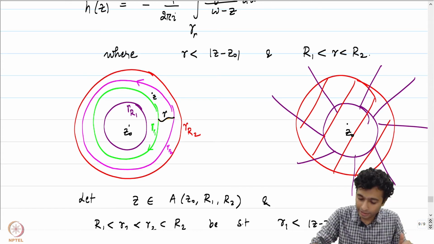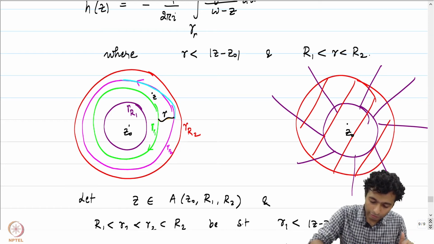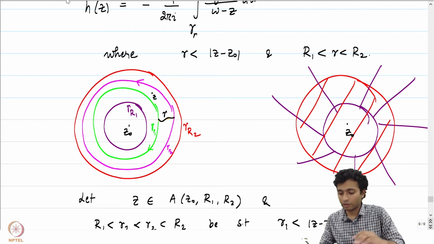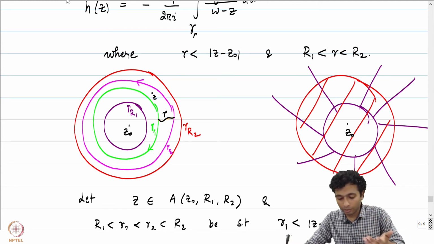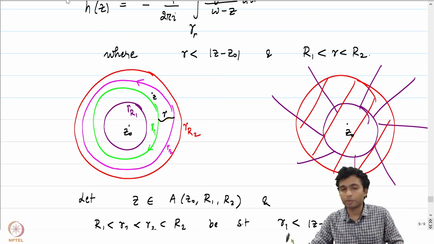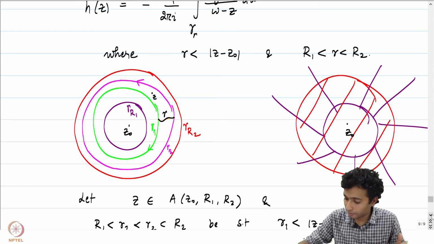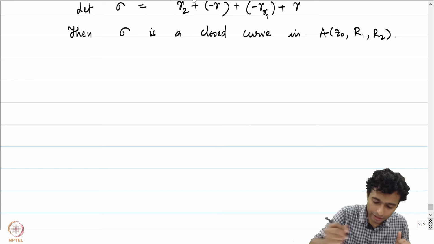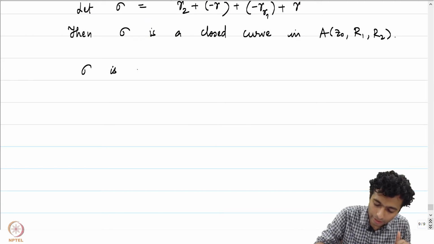By stage 1 you go along this curve and then come back along this curve. So this curve is going to be homotopic to gamma 2 plus the reversal of gamma 2, which is null homotopic. So let me just say that sigma is null homotopic.